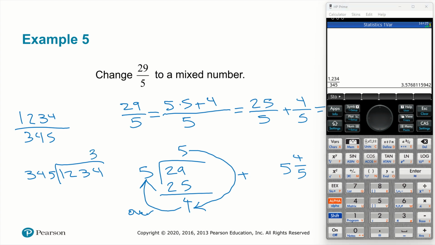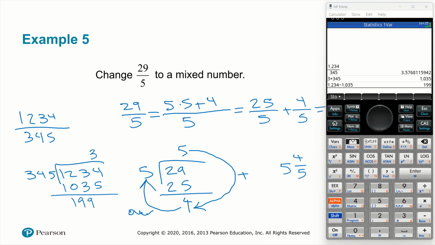So we put the 3 here, and we go ahead and multiply the 3 by 345. That gives us 1,035. We write that here. Now we go ahead and subtract 1, 2, 3, 4 minus 1,035. So we get 199.